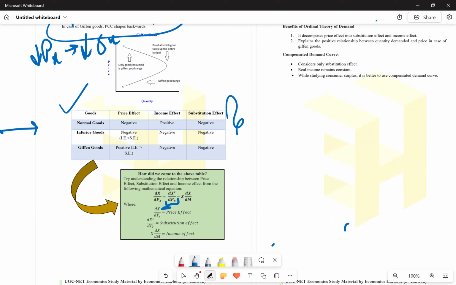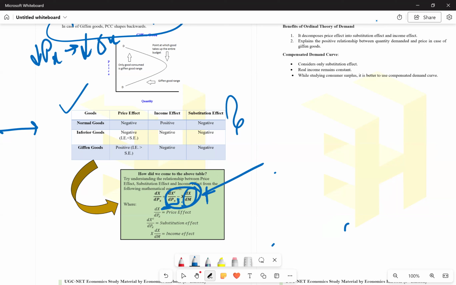So in case of normal goods, your dx by dm would be a positive figure because they show a positive relationship between income and quantity demanded. So minus and plus will be minus. So minus and minus, the total figure would be negative.